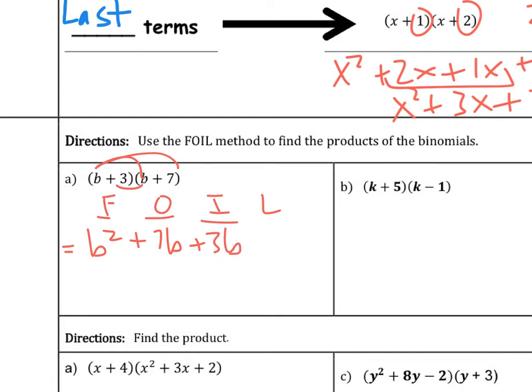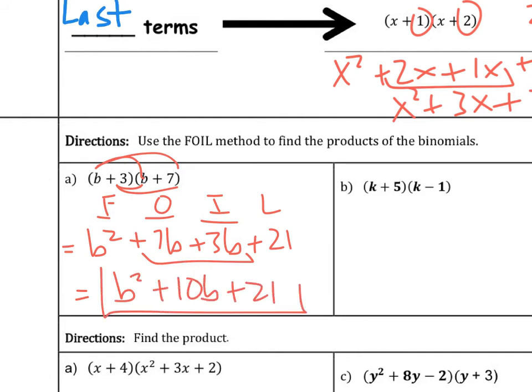Positive 3 times B. What's the last ones? Positive 3 times 7, which is 21. Okay? And we combine like terms, B squared plus 10B plus 21. All right? Don't forget, only combine like terms. Don't try to put anything else together. Okay?